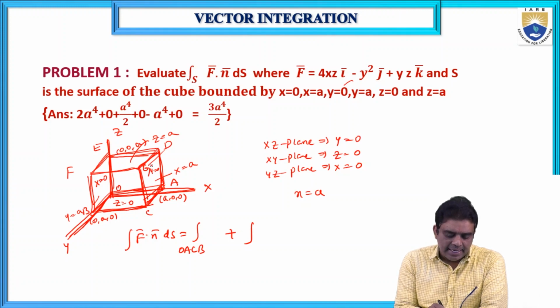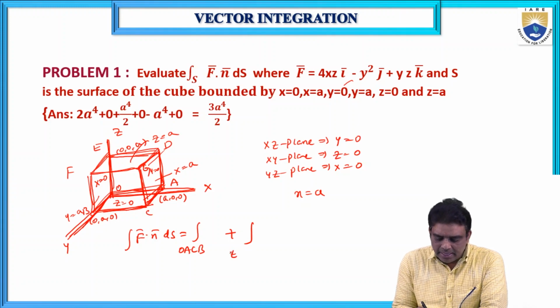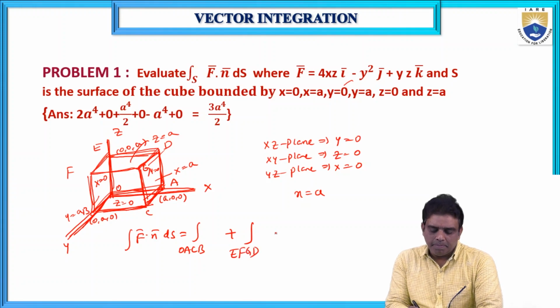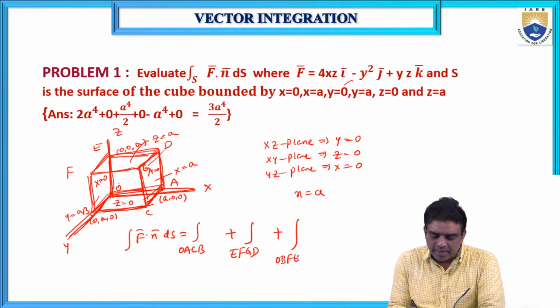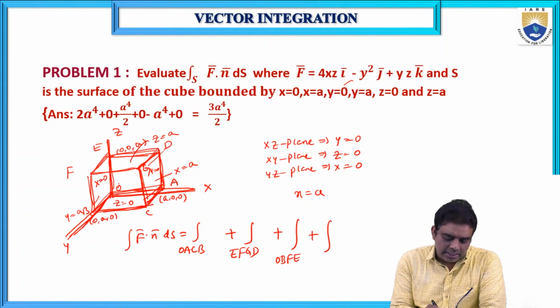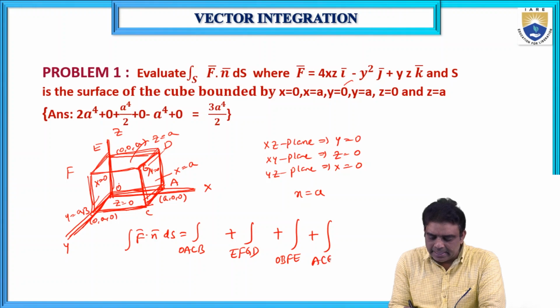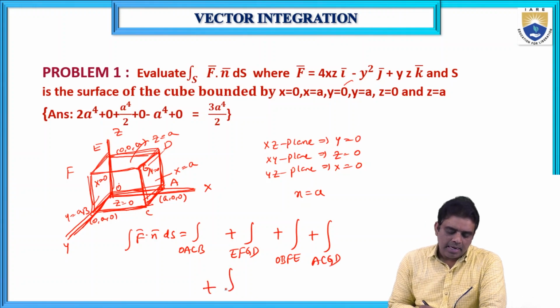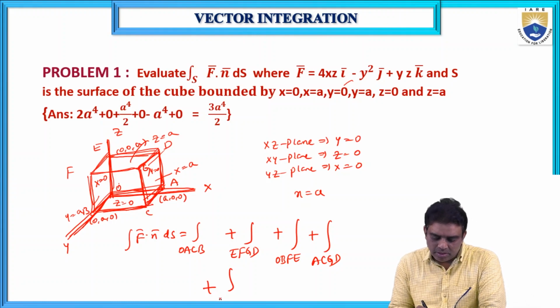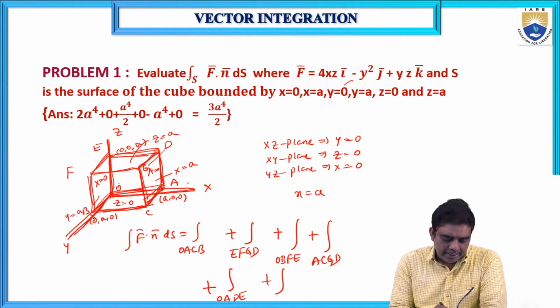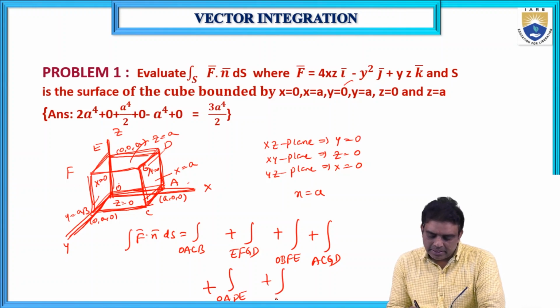The parallel plane is EFGD, that is another plane, plus OBFE, plus the plane ACGD, plus, and last before that, OADE, the backside plane, plus the front side CBFG.